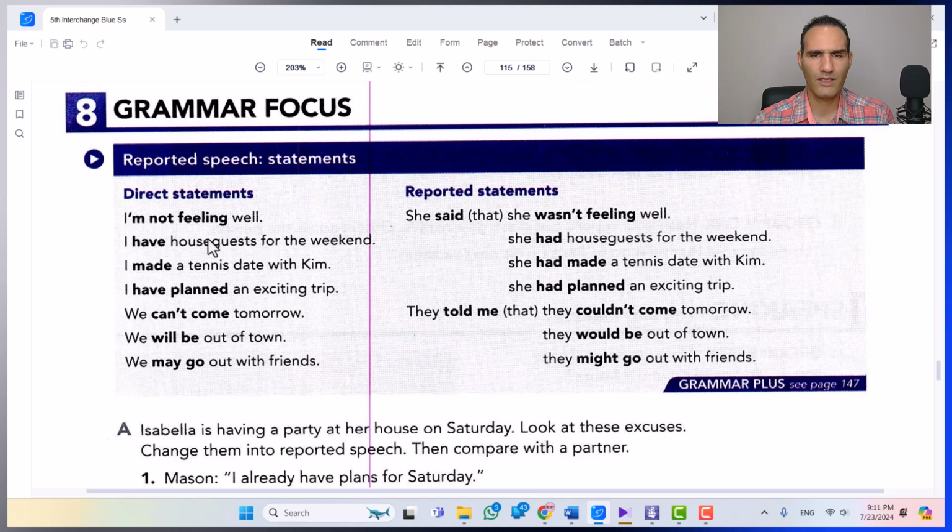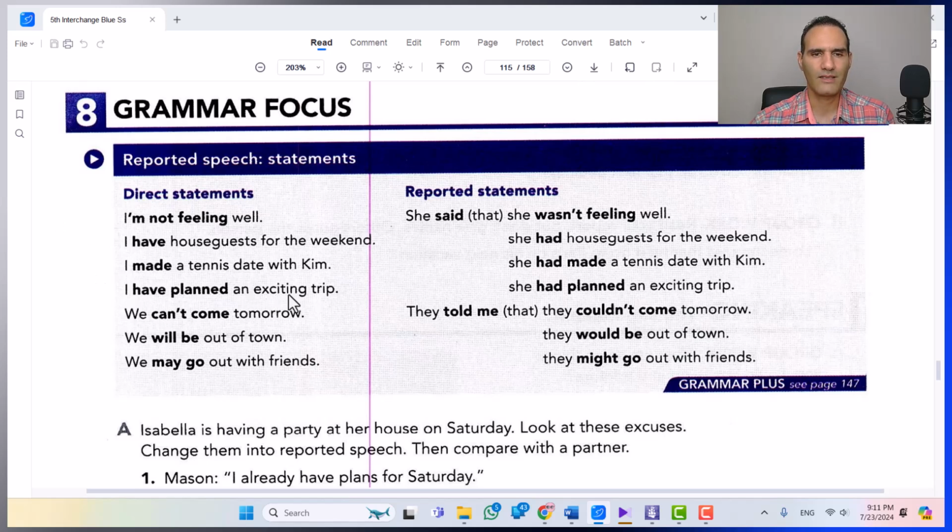And the rest of the statement intact, no change. The teacher, for example, says, I made a tennis date with Kim. For example, I made. So in the indirect one, it will be she and had made. She said that she had made a tennis date with Kim.